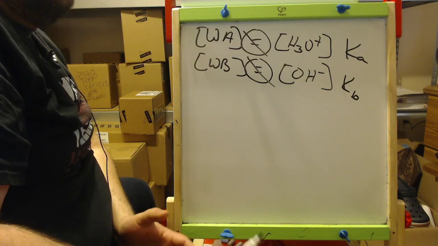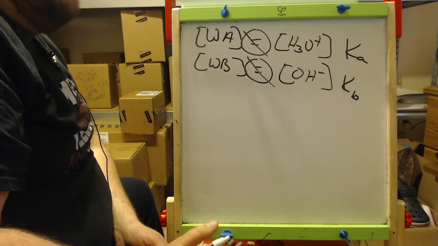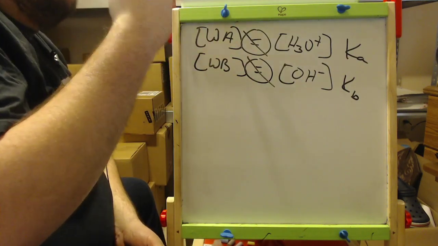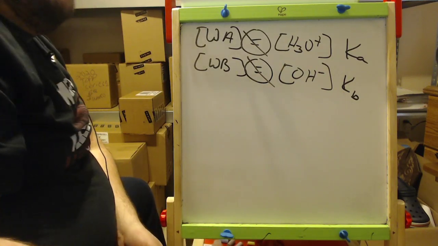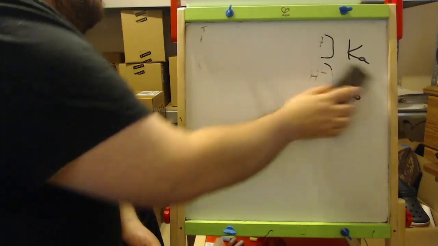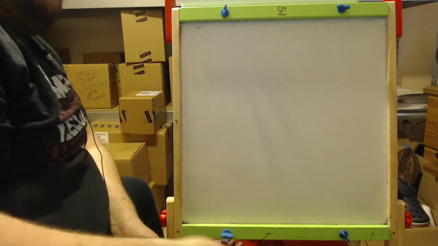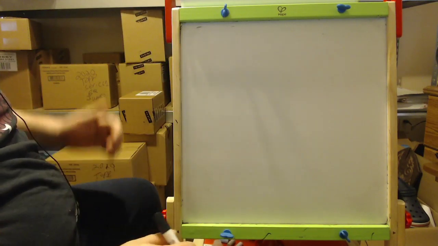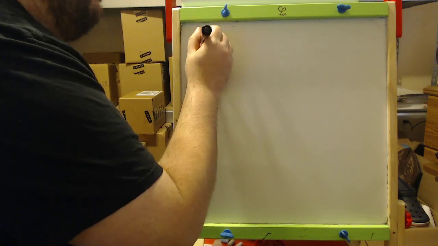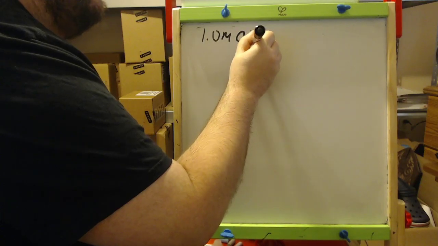Now we write them just like Qc and Kc and all of that stuff, where it's products raised to their coefficients over the reactants raised to their coefficients. But we have to take these into account. So let's say we had a problem, and it said find the pH, the pOH, all of that stuff that we were finding last class, but it was for 1.0 molar acetic acid.